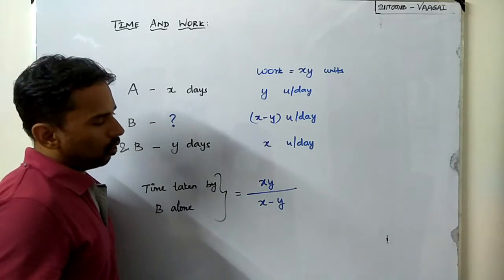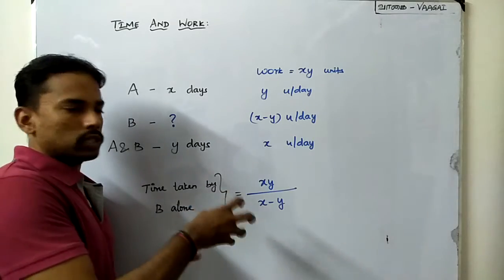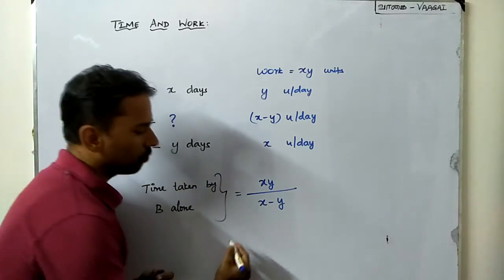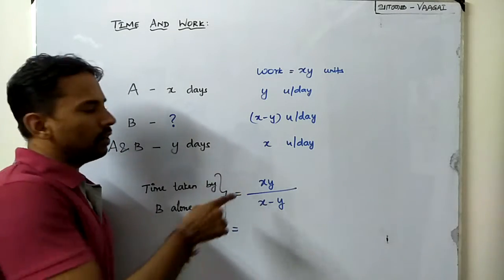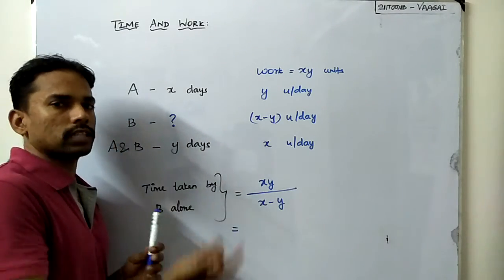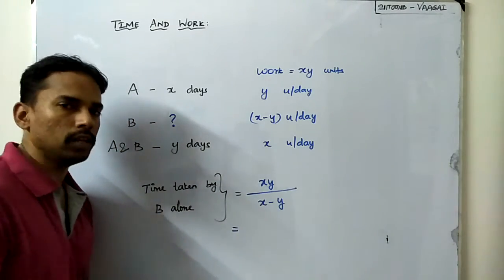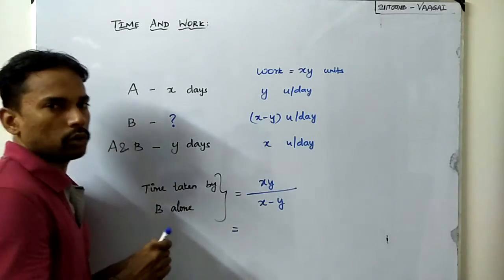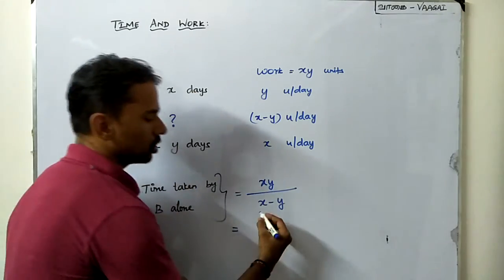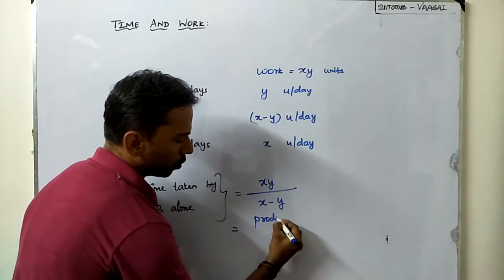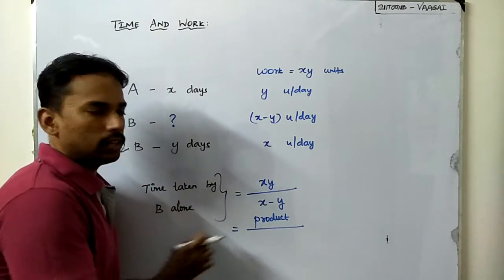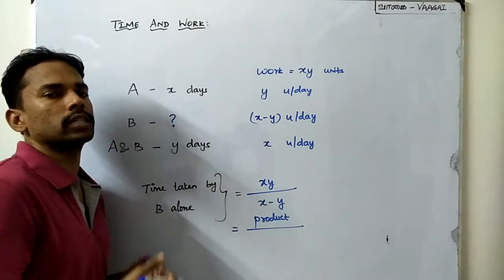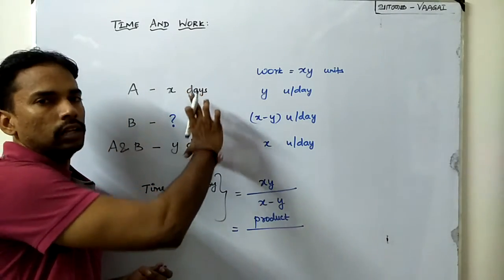Now here again, if we closely observe these terms, we can predict something. See here, the numerator is XY. As in our previous case, this XY is nothing but the product of these two numbers, these two days. So I note it as the product, divided by, see the denominator, X minus Y. This X minus Y is nothing but the difference between the number of days.